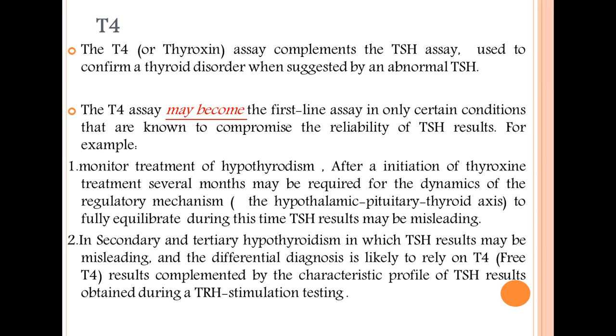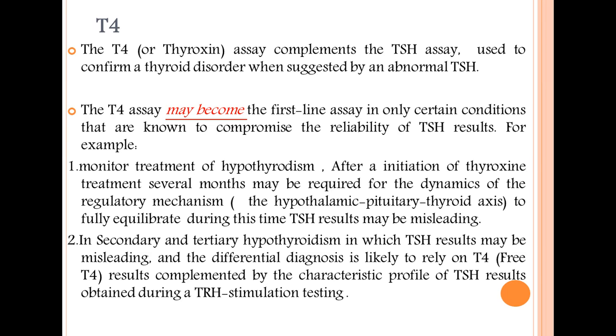These cases are when the patient already has a well-known case of primary hypothyroidism and has started on treatment. The treatment is replacement treatment, because production of thyroid hormone is low, so the level of thyroid hormone in the blood we can monitor by measuring the level of T4.